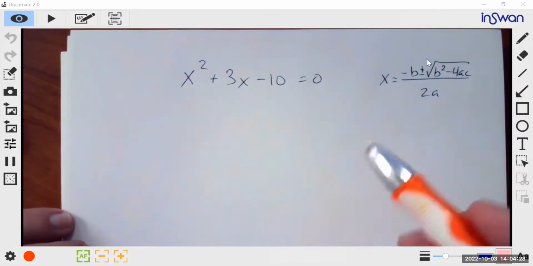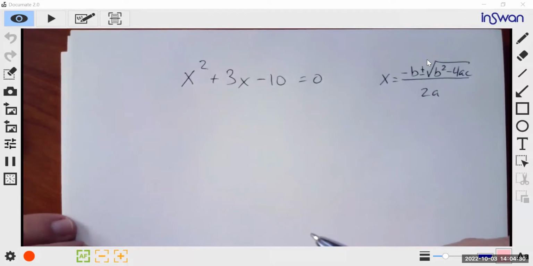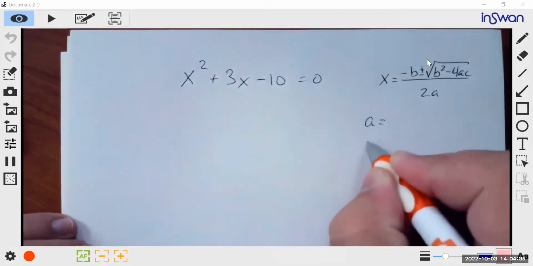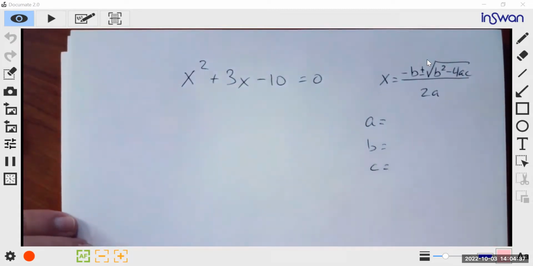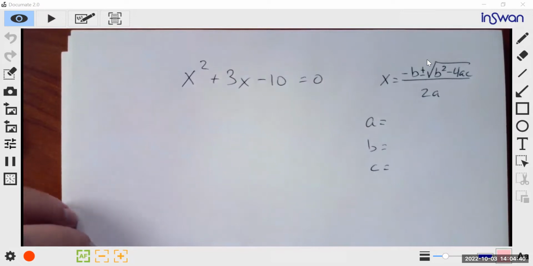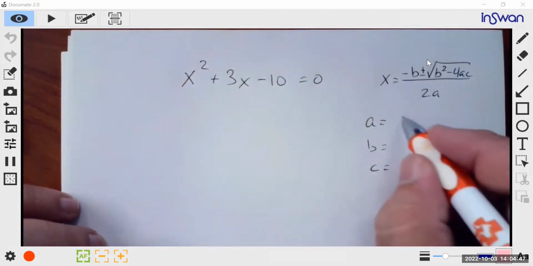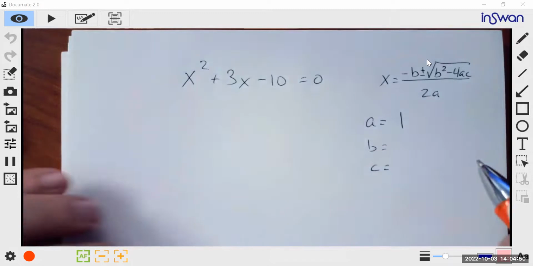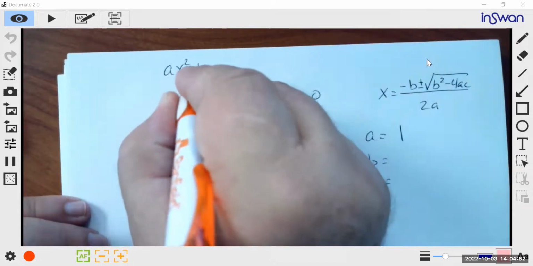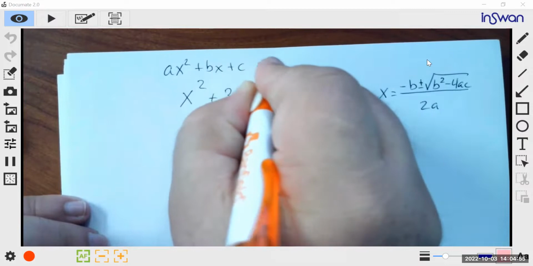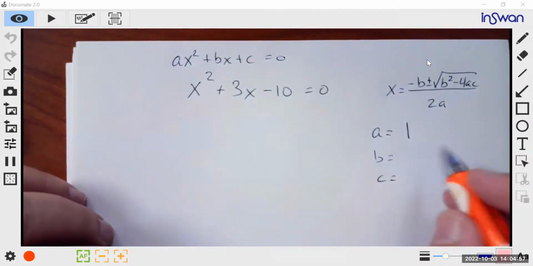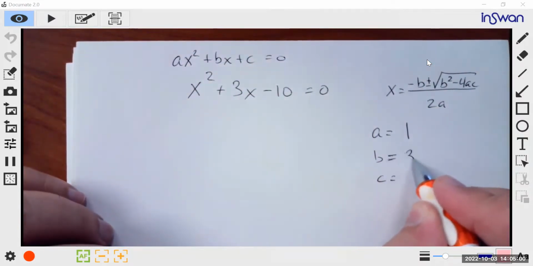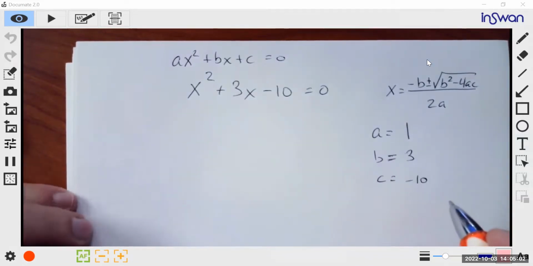It has to be equal to 0. Now, from there, we have to label what A, B, and C are. What's A? A, B, and C are numbers, no letters. There's 1. It's the coefficient. Remember, it's AX squared plus BX plus C. What's B? And C? Right.